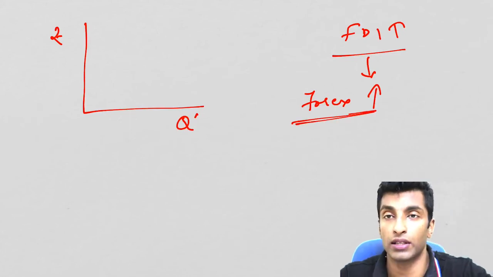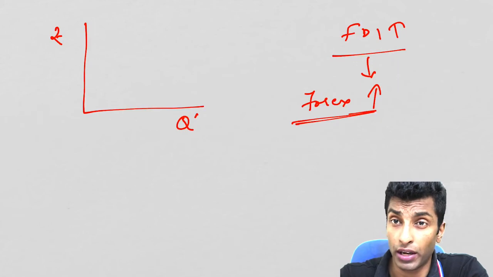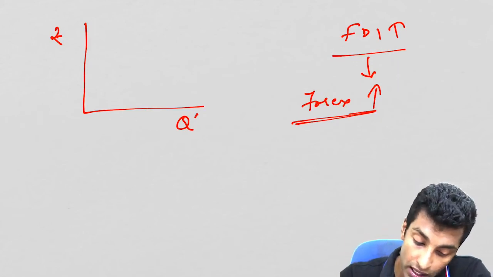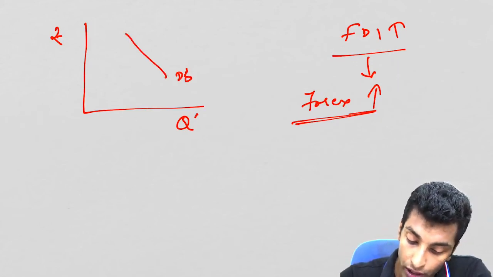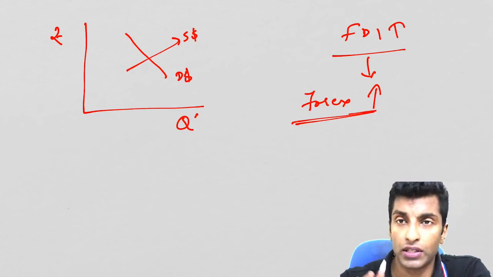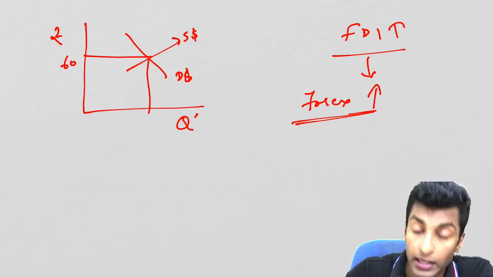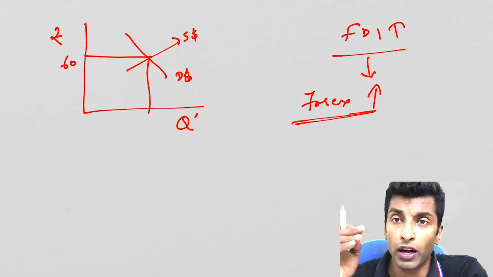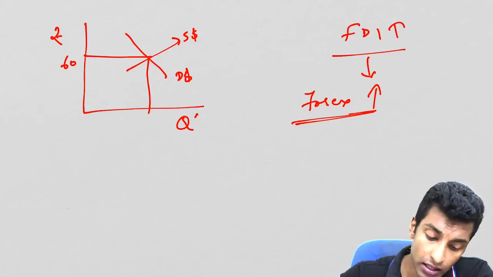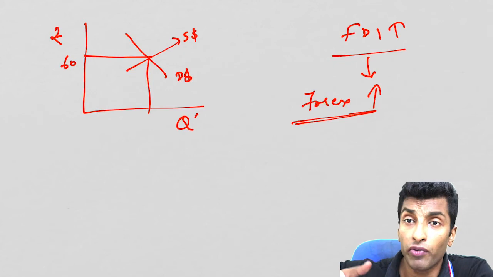When Forex increases, what is the advantage? Forex increase means it comes in the form of hard currency, in dollars. So if you see here, this is a demand for dollar, and if this is a supply of dollar, okay, as we have discussed already, right now this is the price of dollar, let's say 60 in terms of rupee. Now when quantitative easing happens, when more Forex comes, what will happen?